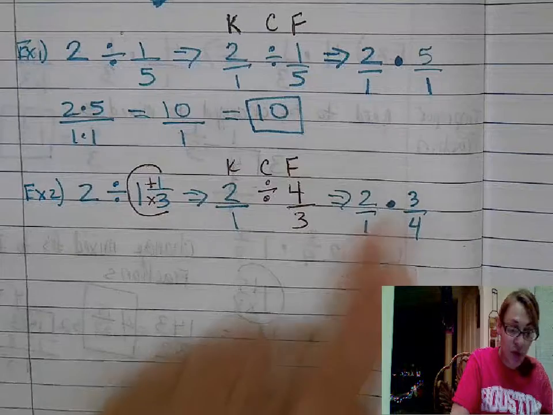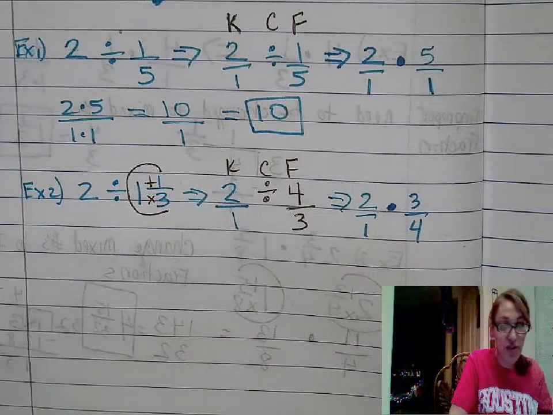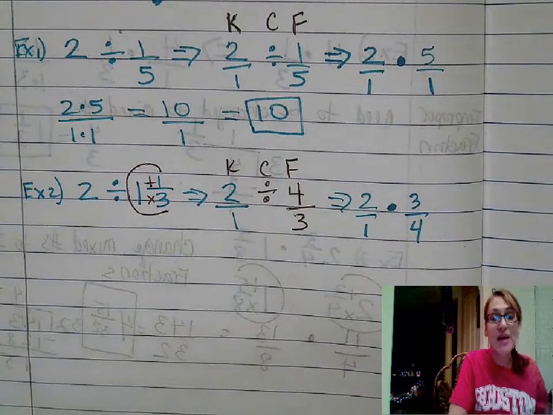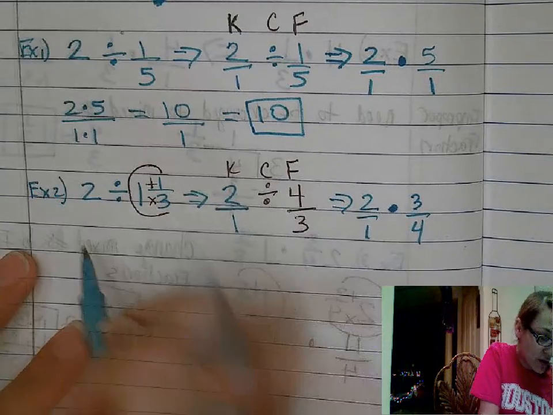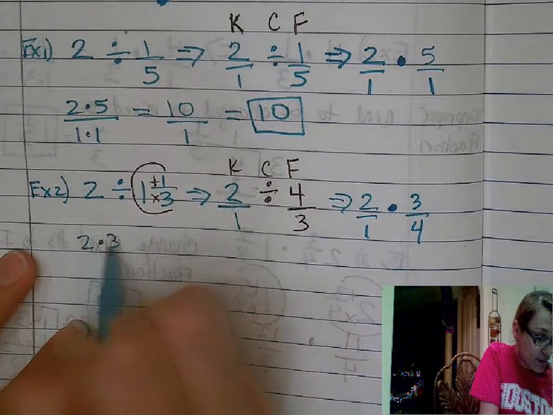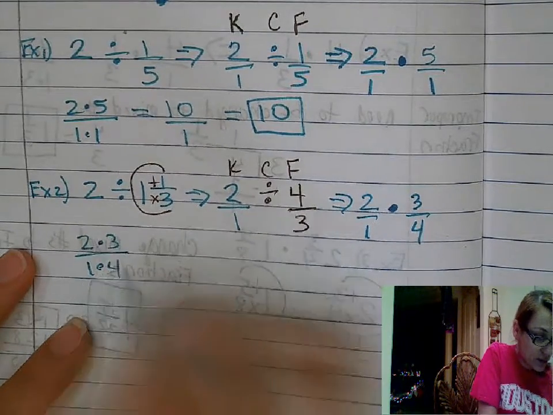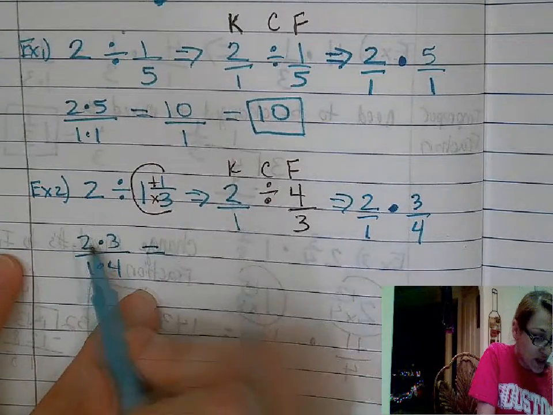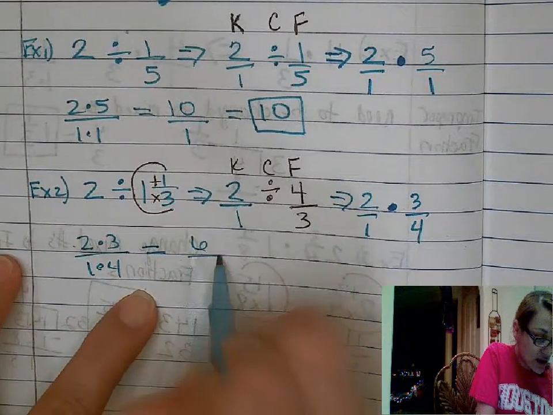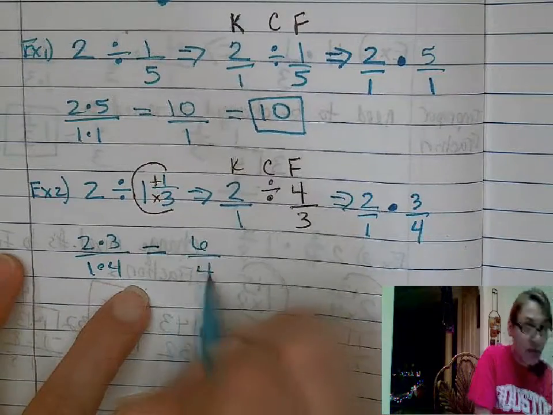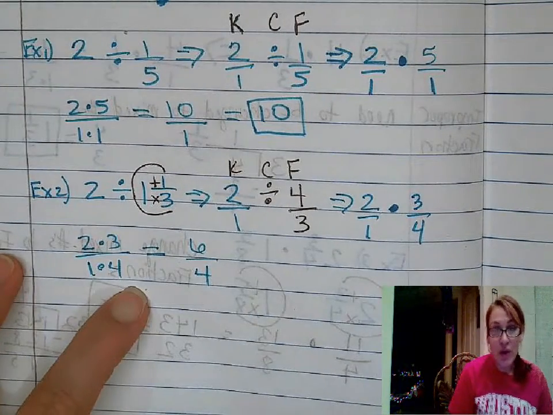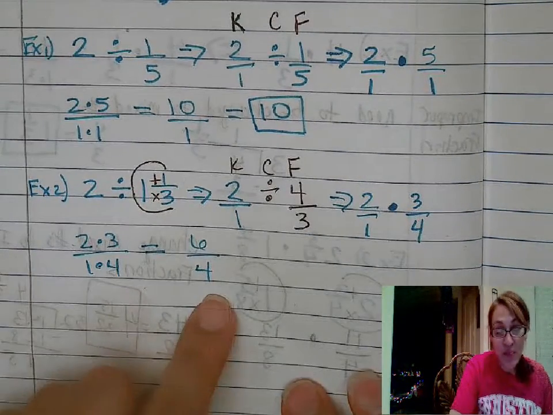Okay, so now all we do is multiply fractions straight across, numerator times numerator, denominator times denominator. So you take 2 times 3 and 1 times 4. Now I have 2 times 3 on the top, which is 6, and then 1 times 4 on the bottom, which is 4. We have an improper fraction, right?